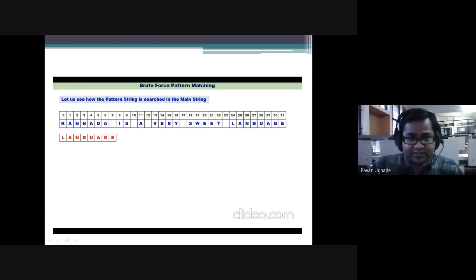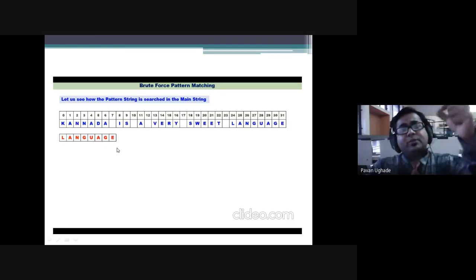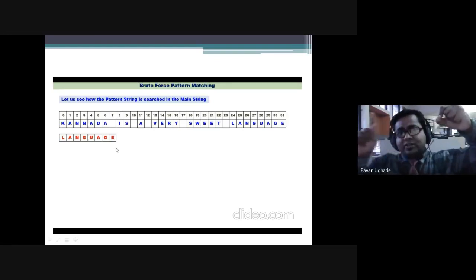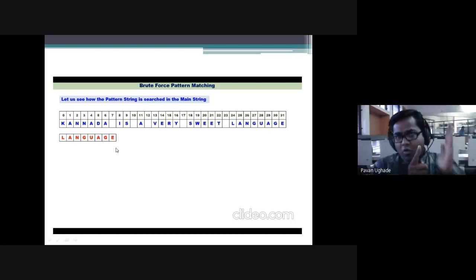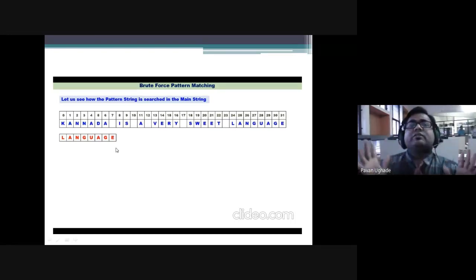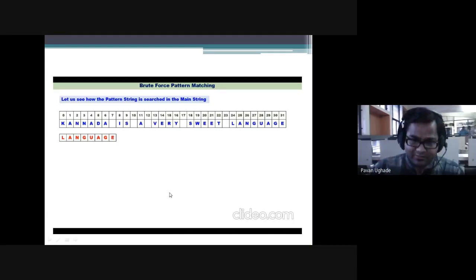This is our text T, this is our pattern P. We'll be checking the first character in the text with the first character in P. If it matches, then only we'll be checking the other characters in the pattern P. Otherwise we'll simply be checking all the characters in the text one by one with the first character in P. If the whole substring matches, then only we'll say the pattern is available. Otherwise the pattern is not available. That's how the concept is, right?